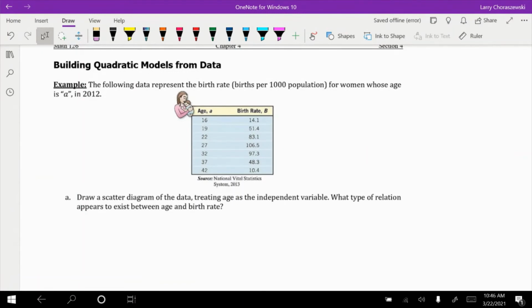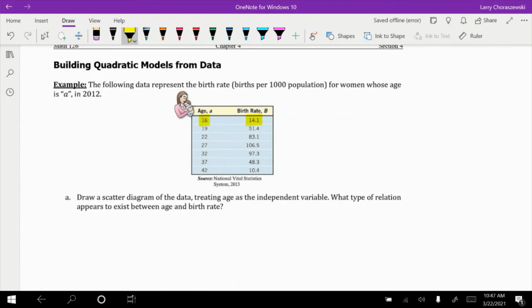Looking at the table, starting with the age A of 16, there's a birth rate of 14.1. So when they did this study, they took a look at all the 16-year-olds, whatever region they were studying, and they found that there were on average 14.1 births for every 1,000 people. And then the rest just kind of follow suit there.